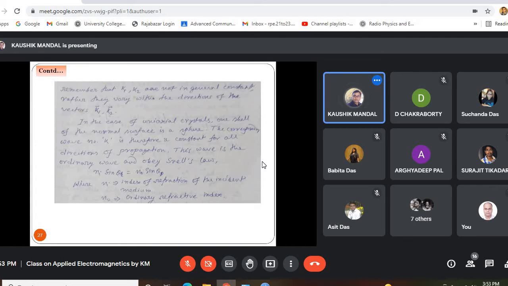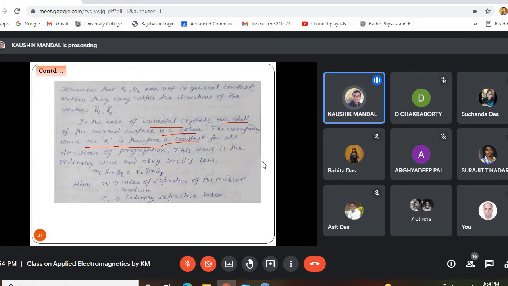So that particular discussion has been mentioned in this slide. That is, in case of a uniaxial crystal, one particular shell of the normal surface is a sphere. That means the corresponding wave number k remains constant. It will not depend on the direction of propagation.